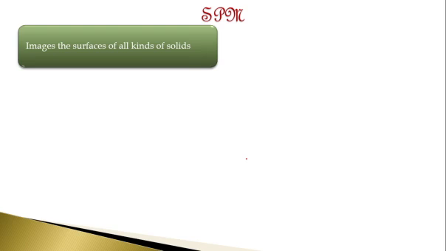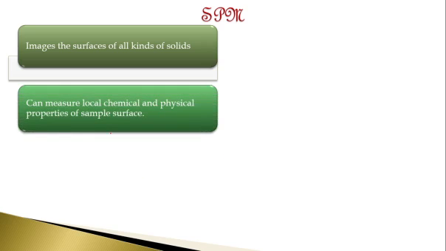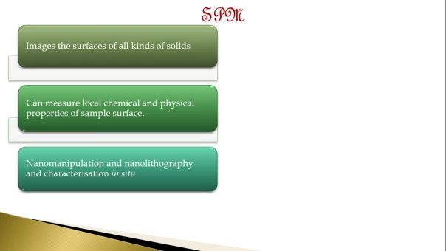In the case of the scanning probe microscope, it is usually used for imaging the surface of all kinds of solids, but it can also measure local chemical and physical properties of the sample surface, and nano manipulation, nano lithography and characterization in situ can be done. So those are the advantages.